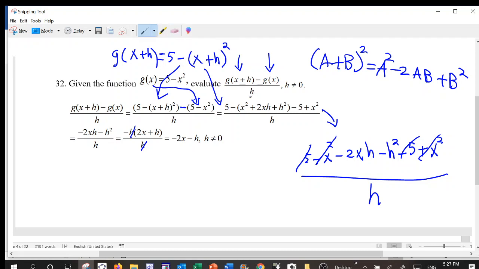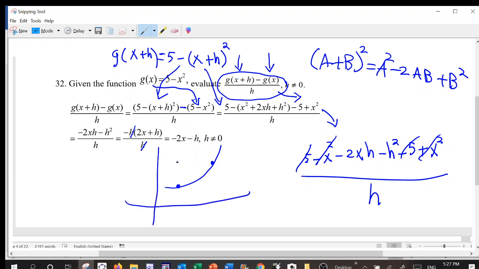That is a structure that is very famous in mathematics. In calculus, you start with something like that. That's the rate of change between 2 points, actually. That's what that is. So if you have a function, let's say this is in general, this is not this g of x, it's just in general.